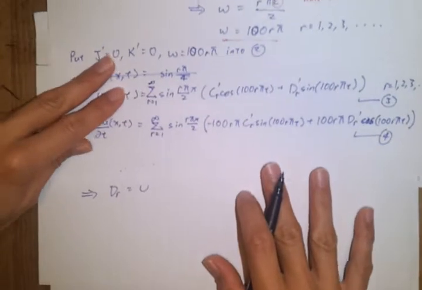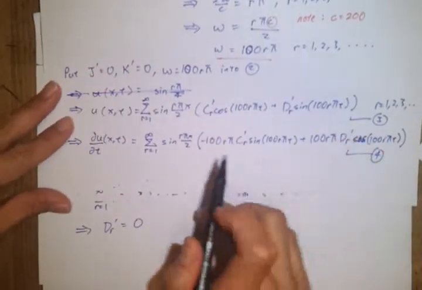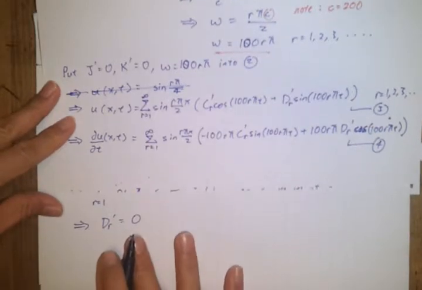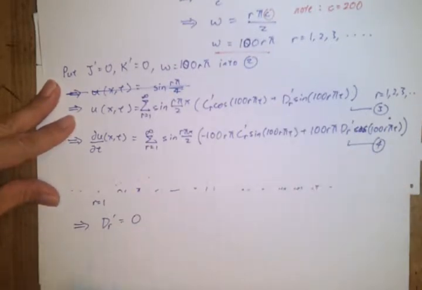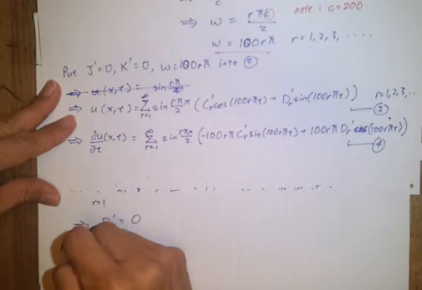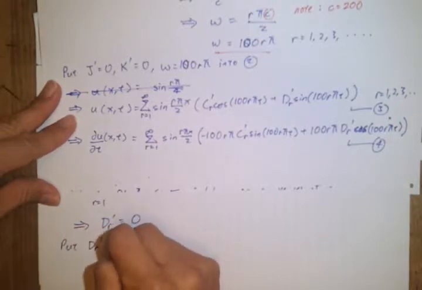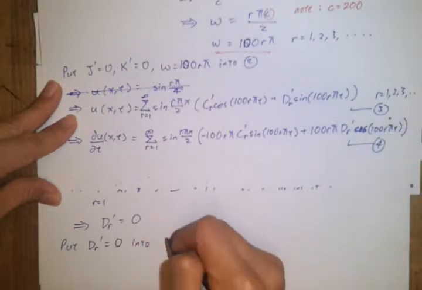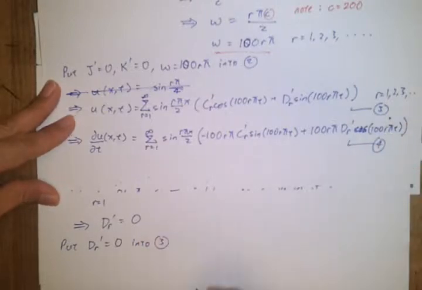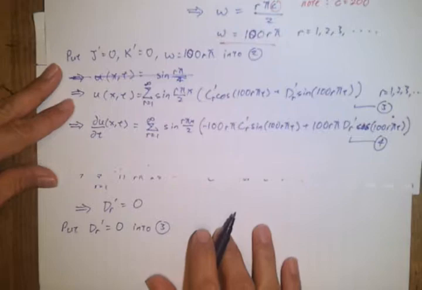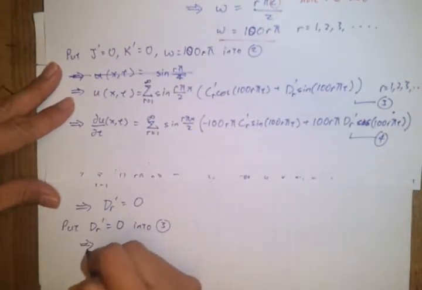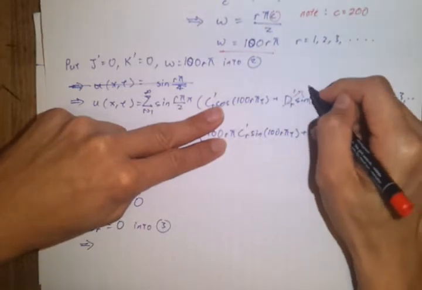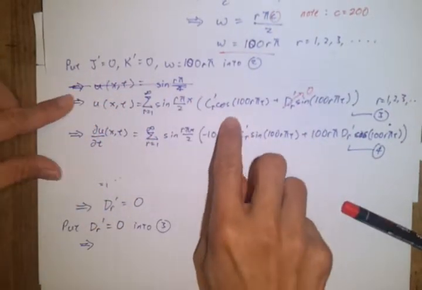Remember the latest solution is equation 3. You put d r prime equals 0 into it, so this term is 0 and you're only left with this term.